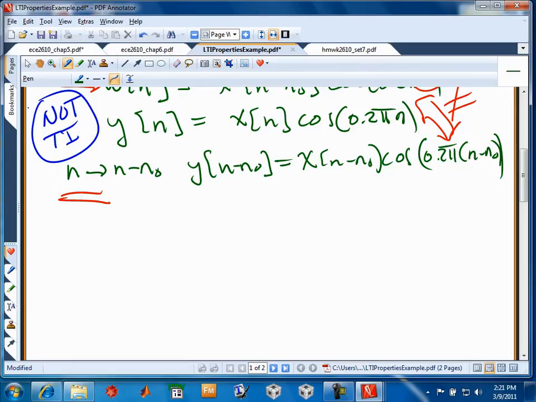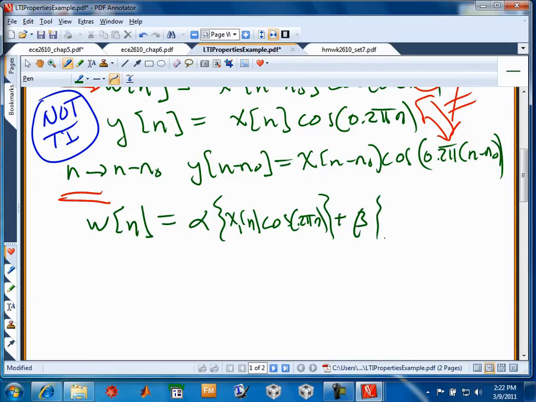So the linearity idea says that we first apply the inputs individually, so we calculate W sub n as equal to alpha times the input applied separately, which would be x1 of n times, and that picks up the cosine 0.2 pi n.